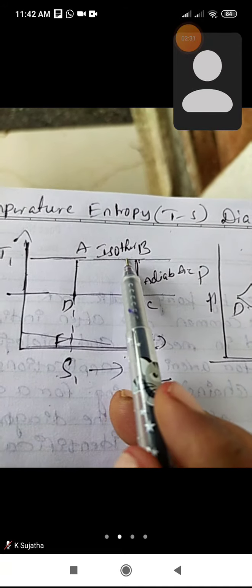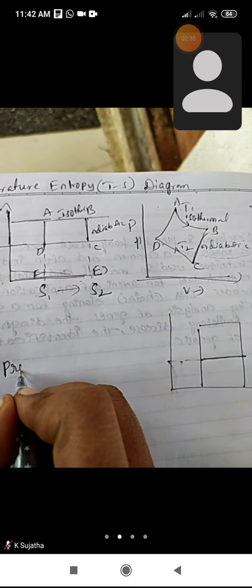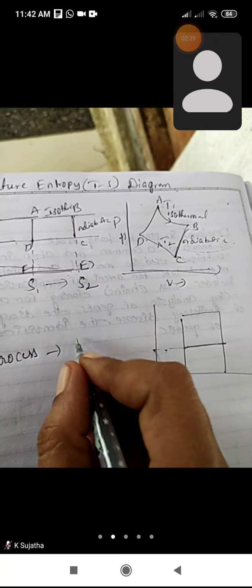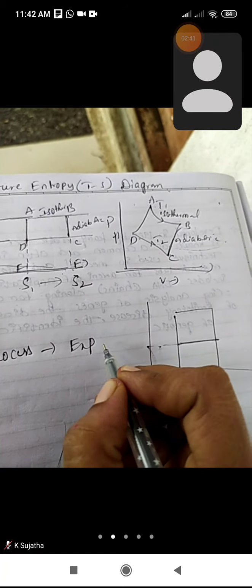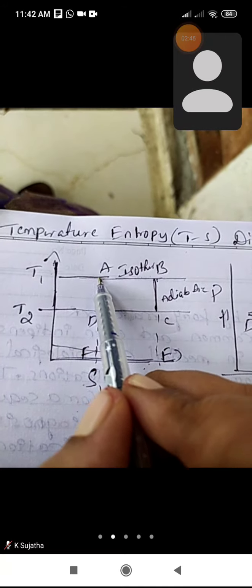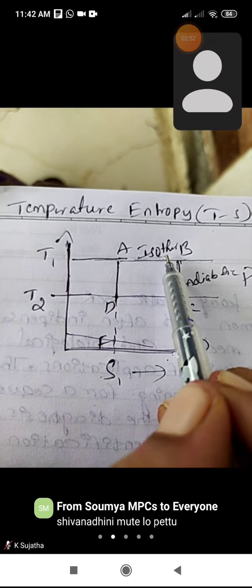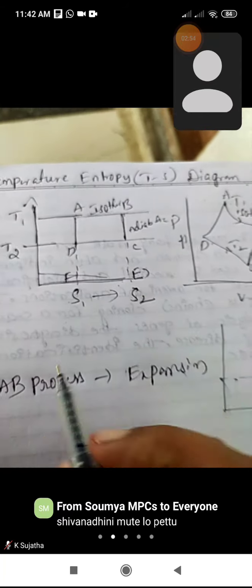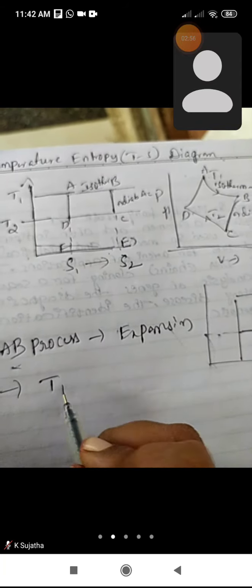Now, AB is the isothermal expansion. In this plot, from A to B, the temperature is T1, and the absorbed heat is Q1.